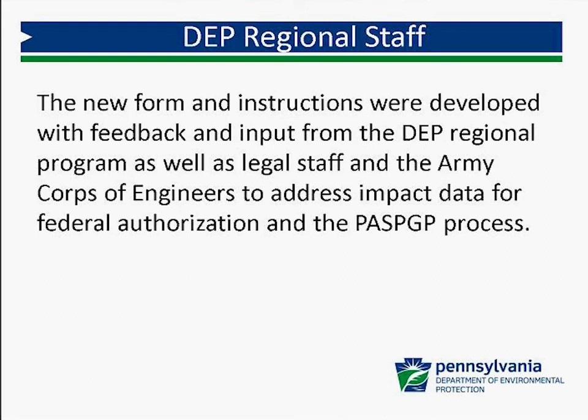Now, saying 120 days, that means if you have a deficiency, you have 60 days to comply. If you cannot comply within that 60 days, you need to request up to a 60-day extension. You may or may not be granted that extension based on the nature of your deficiency, and there may be less time involved to address it. But keep in mind that the general permit process is just that.